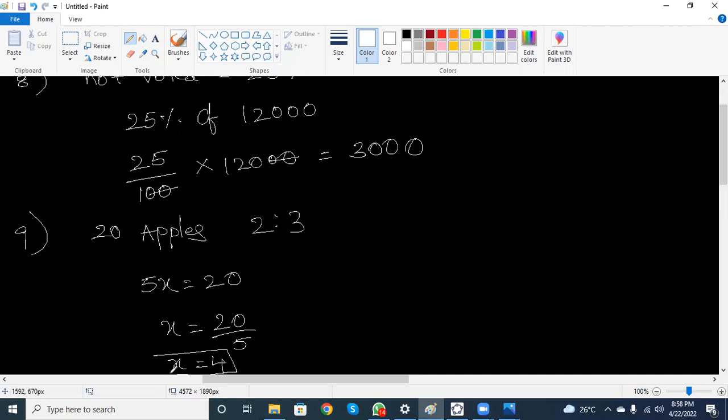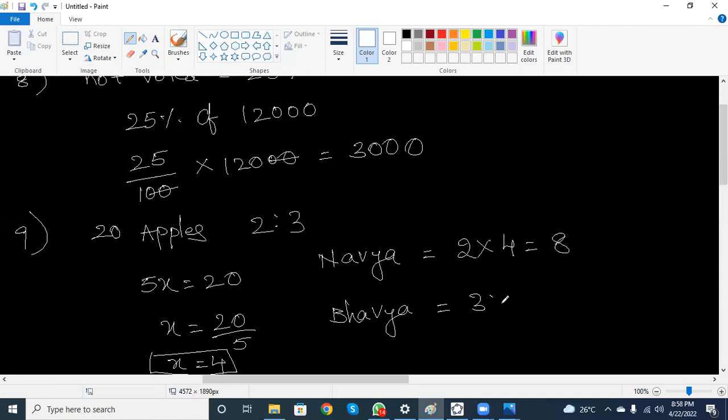So now 2 parts are shared to Navya, 3 parts are shared to Bhavya. 2 parts are shared. So 2 into each part is 4. 2 4s are 8. So 8 apples are for Navya. 3 parts are shared. 3 into 4, 3 4s are 12. So 12 apples are for Bhavya.